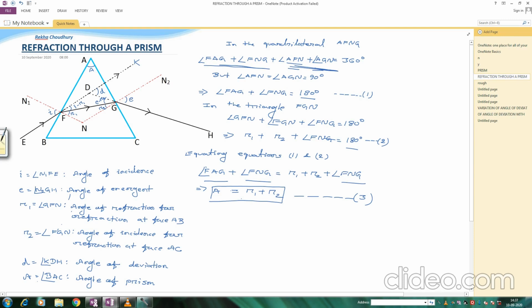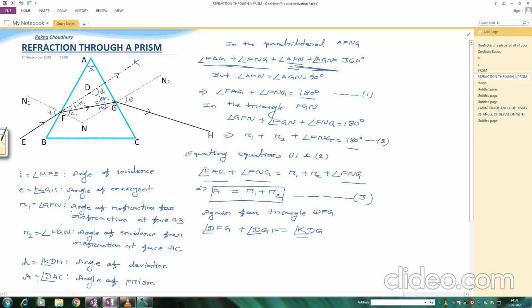So for triangle DFG, we know that the sum of the two internal angles, that is DFG plus DGF, is equal to the external angle, which is KDG.